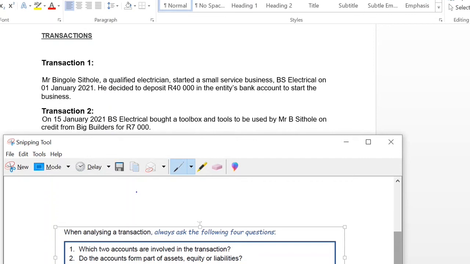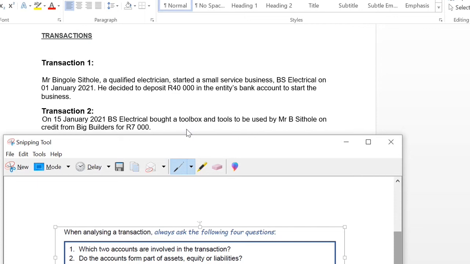So especially when you look at the transaction, what was bought? Toolbox and tools, that is number 1. Did they buy cash or credit? In this case, this was bought on credit for 7,000. You will be able to determine the accounts by determining, did the business buy or pay?